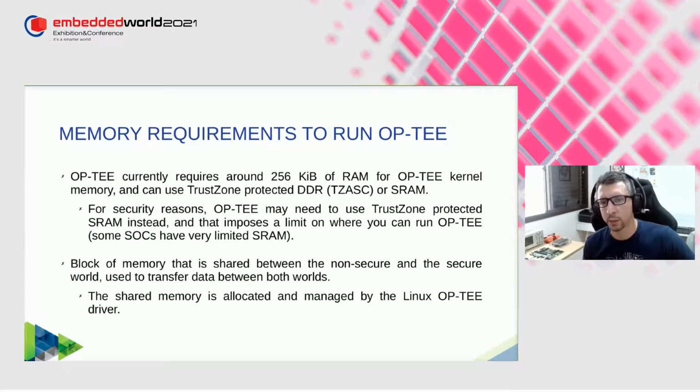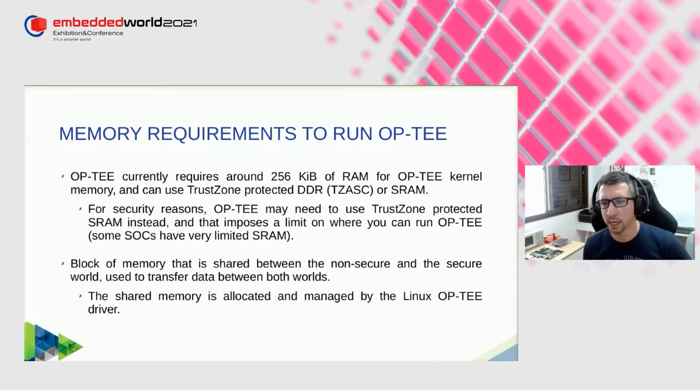Usually those SoCs have static RAM inside of them where you can run any code. And you could use SRAM for that. But sometimes the SRAM is small. Let's say you have 16 kilobytes of SRAM in your SoC, then you will not be able to use it for OP-TEE. Then you need to share your main RAM device.